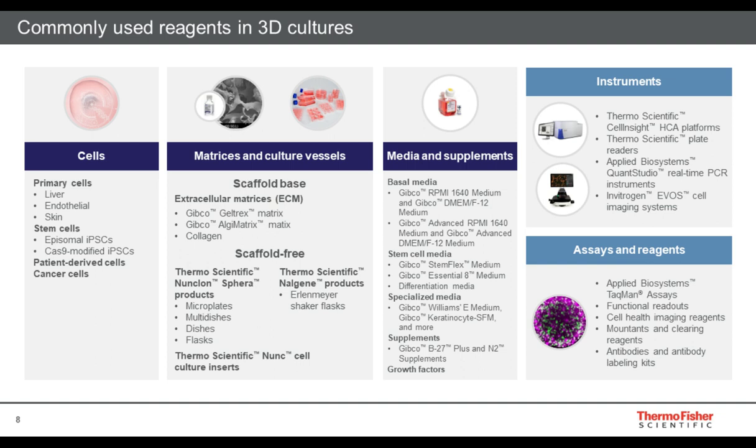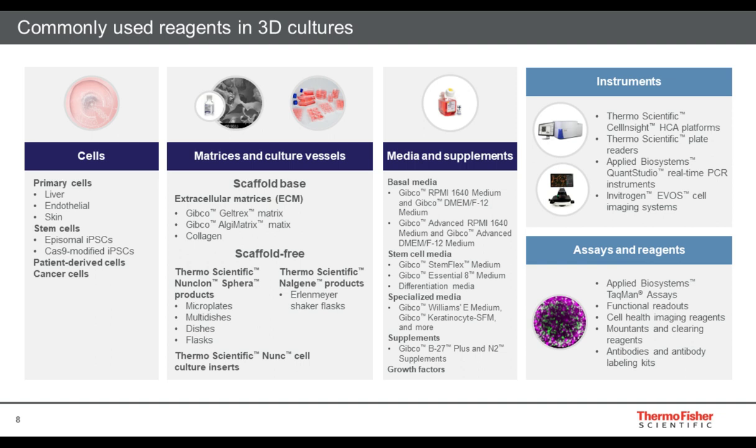Many models also require the use of plastics that prevent cell attachment so that the cells basically grow in suspension. The use of these super low attachment plates, such as the Nunclon Sphera microplates, dishes and flasks, are also very useful in culturing various types of 3D models.